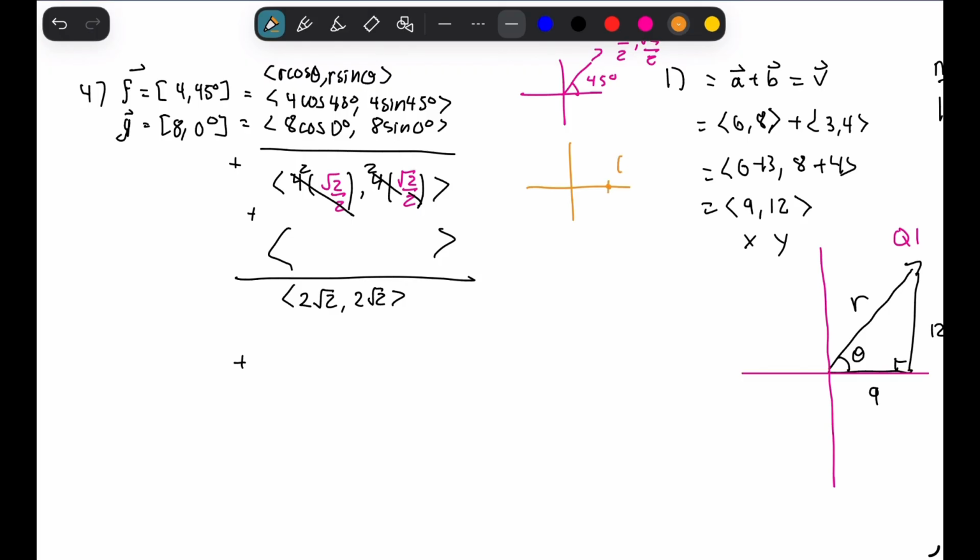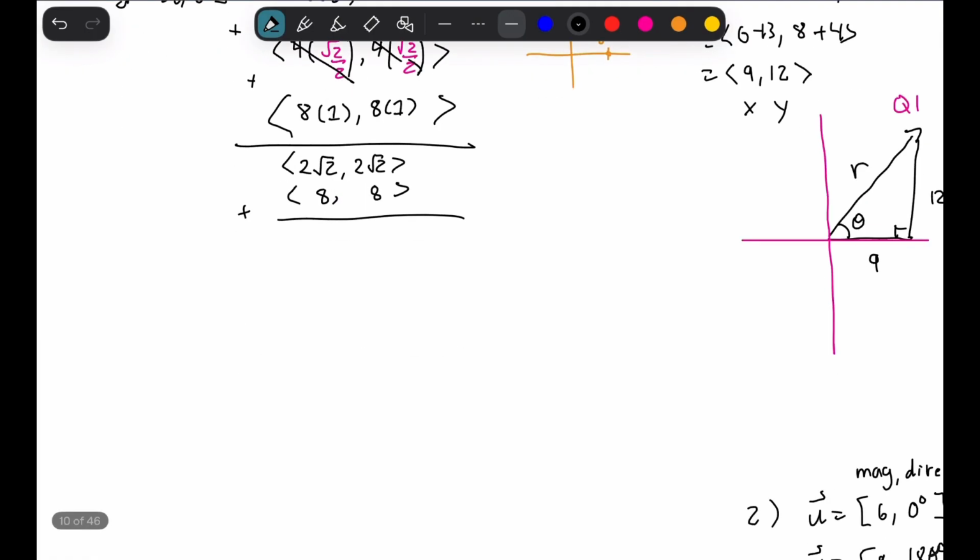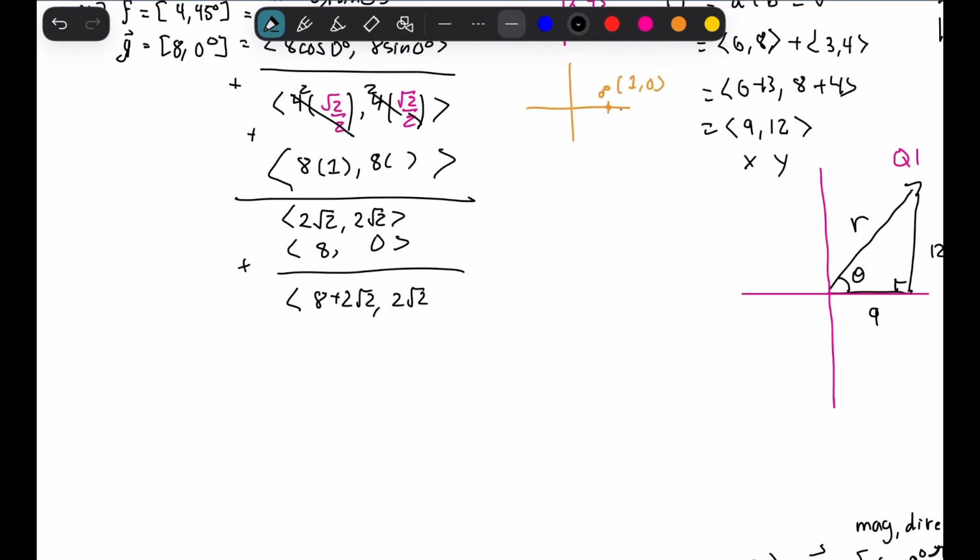So here we're going to have 8 times 1, and we're going to have 8 times 0. So that just gives us 8 and 0. Now you just add vertically, and we are going to get 8 plus 2 root 2 and 2 root 2.